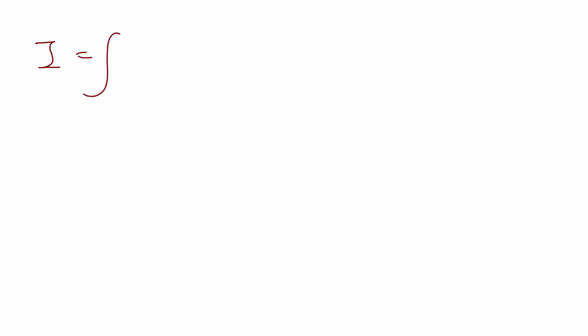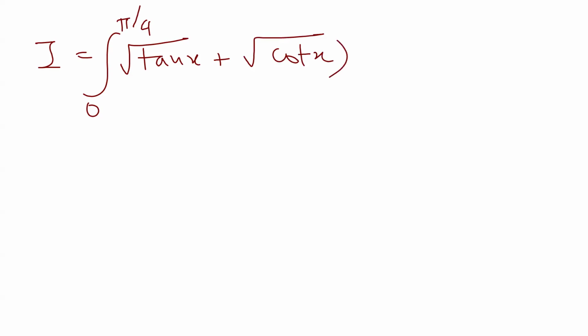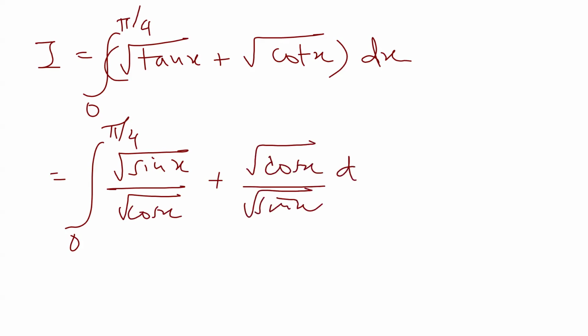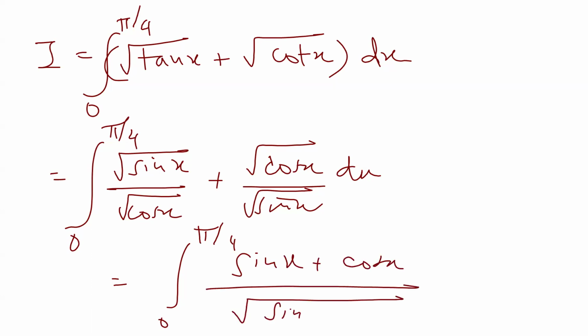Integration of 0 to pi by 4 root of tan x plus root of cot x dx. 0 to pi by 4 root sin x upon root cos x plus root cos x upon root sin x. 0 to pi by 4, this will be sin x plus cos x upon root sin x into cos x.